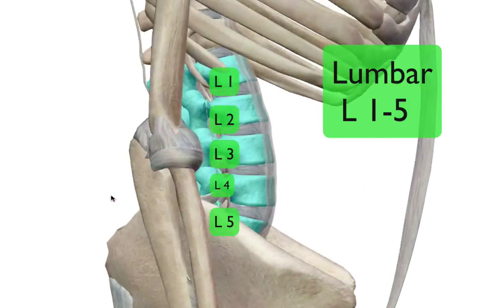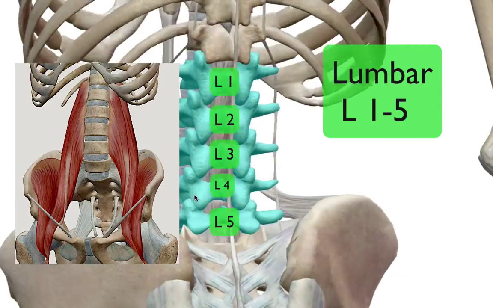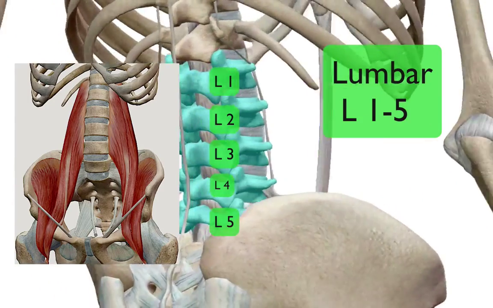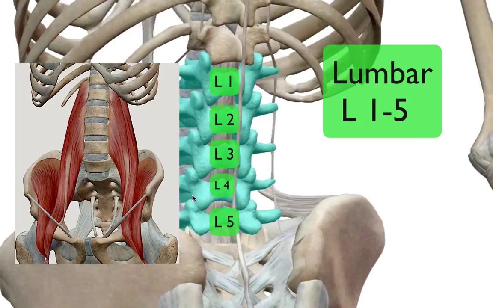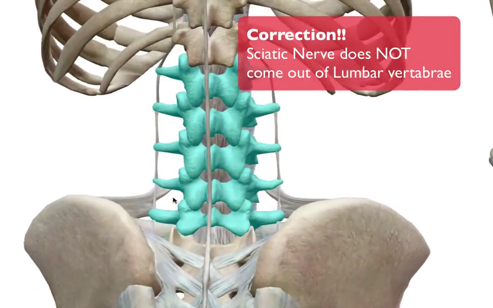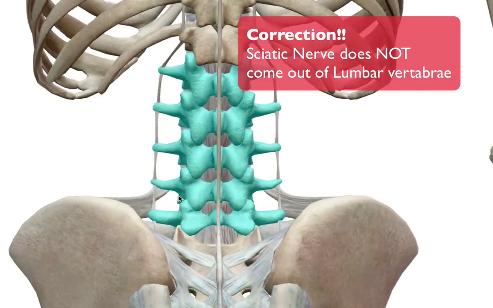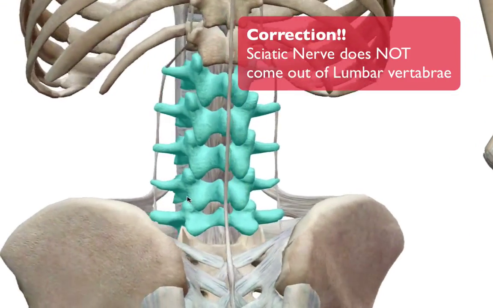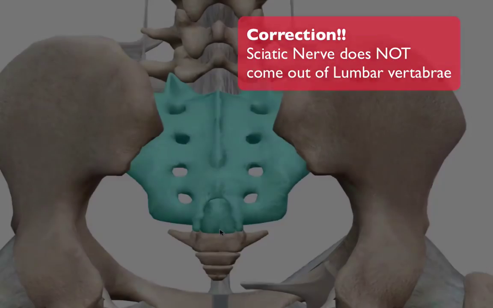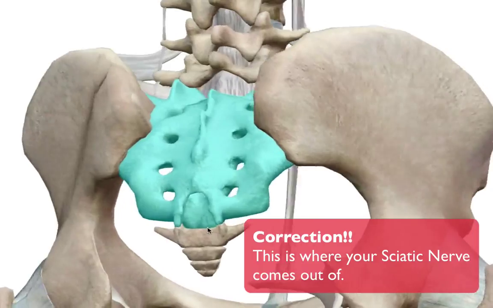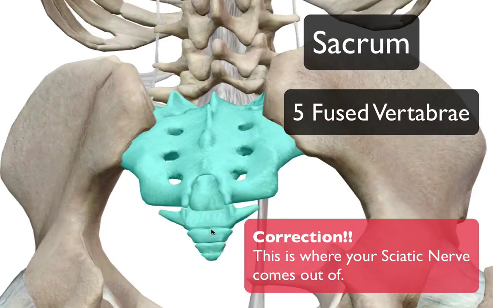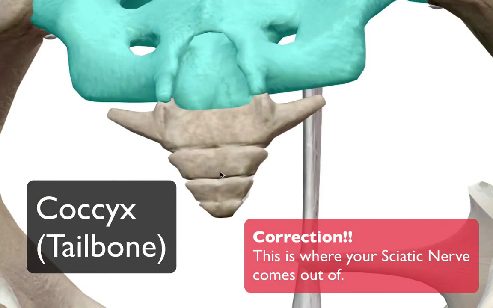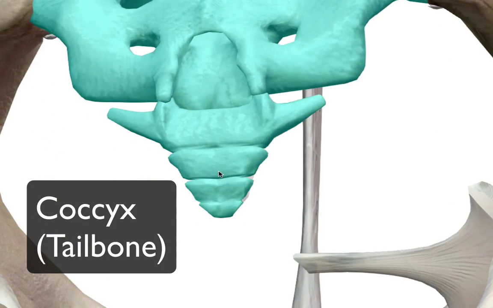Okay, these are the point of attachment for a lot of your back muscles, your lower back. Okay, and this is the location of where your sciatic nerve comes out as well. So L1 through L5. Okay, and then we have the remainder of your vertebral column, which is your sacrum, and then your coccyx, okay, or commonly known as your tailbone.